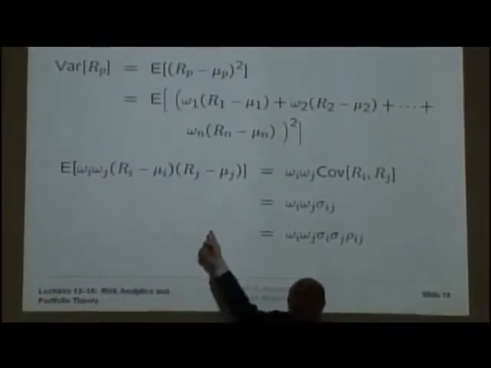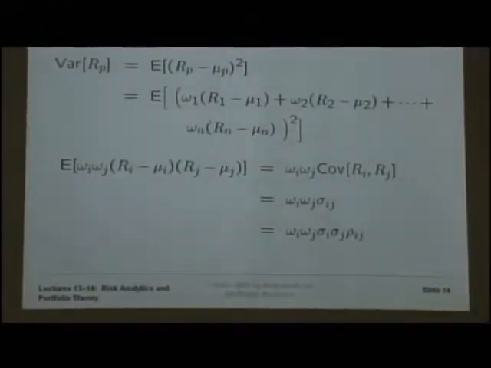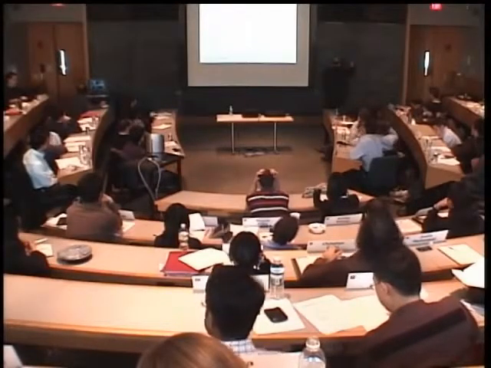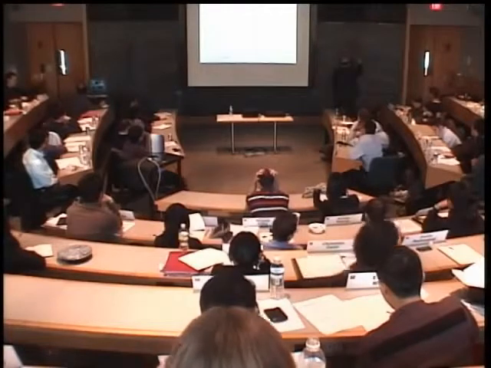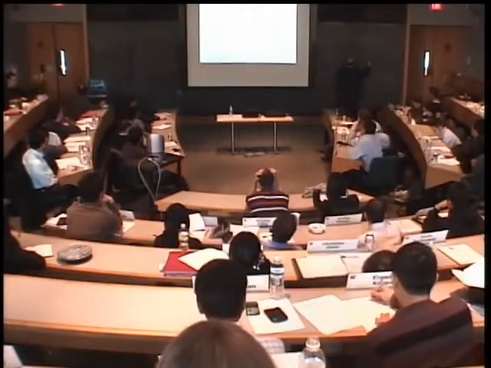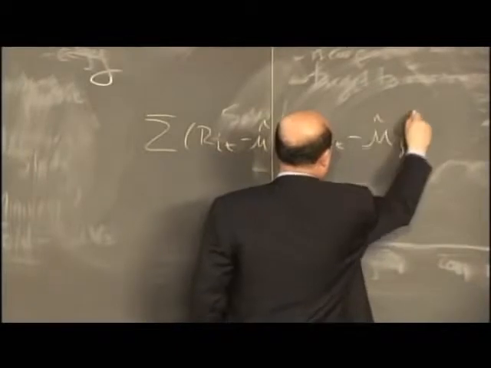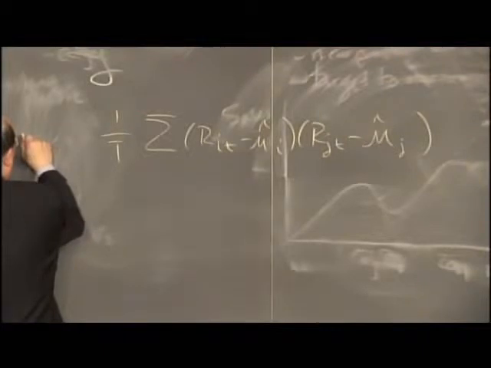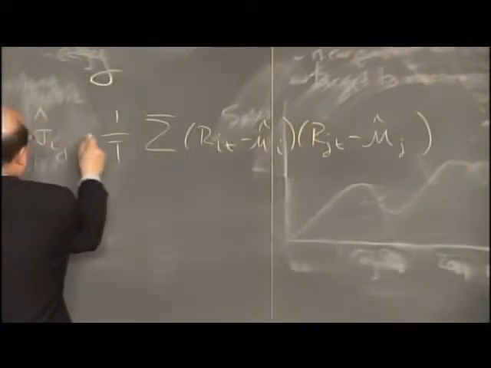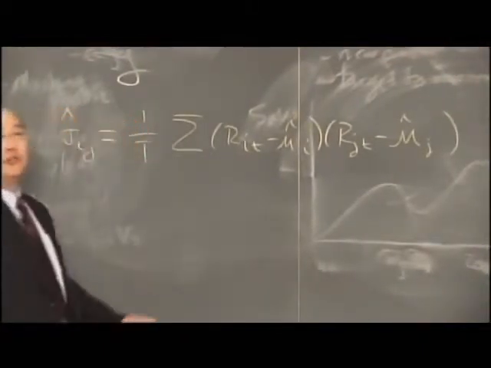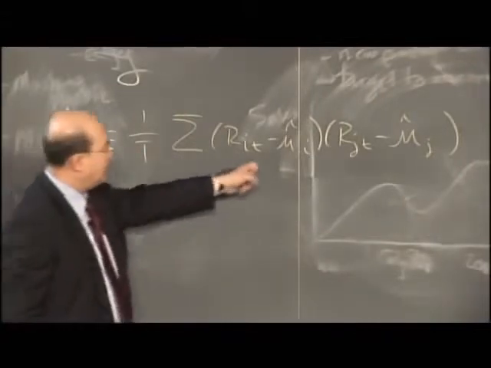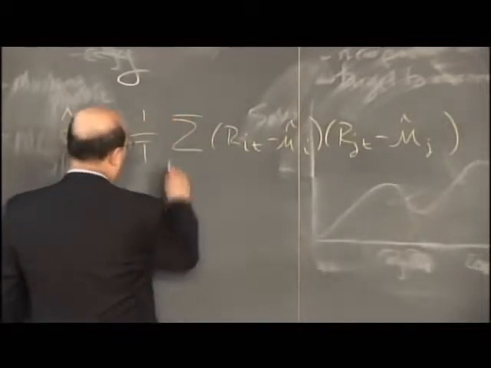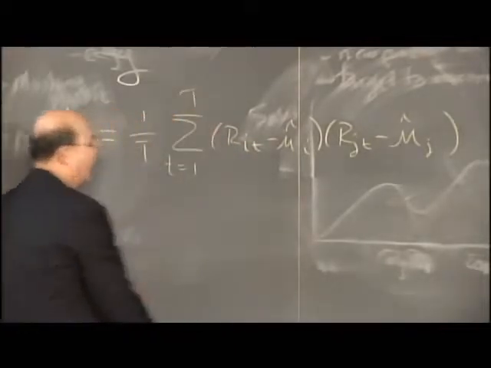But the inside stuff, how to calculate that, is simply to take historically your actual return minus the mean of I, R_J,T minus the mean of J, and then take 1 over T, and that's your estimator for the sigma hat IJ. So you would get historical data, estimate the mean, and take the cross products over time. This T goes from 1 to T, and that gets you an estimator.